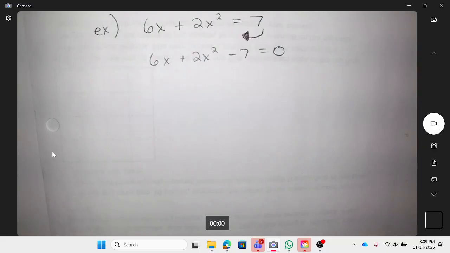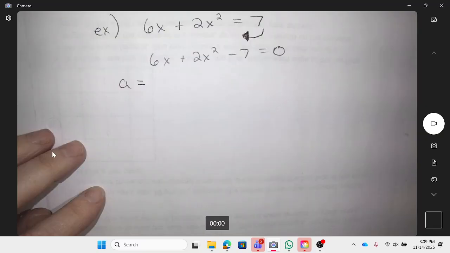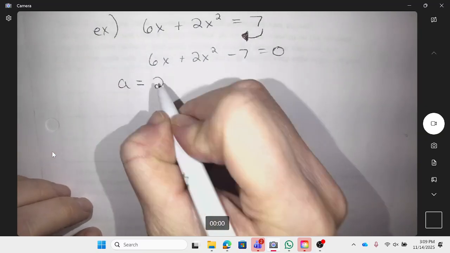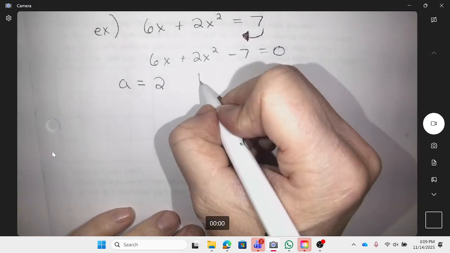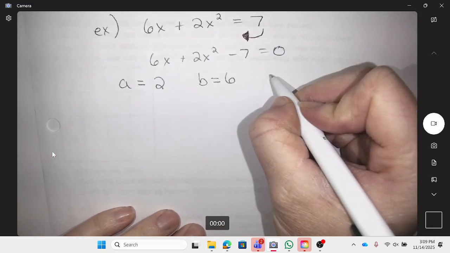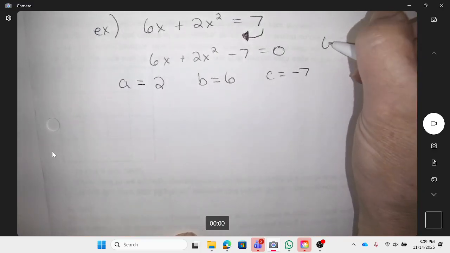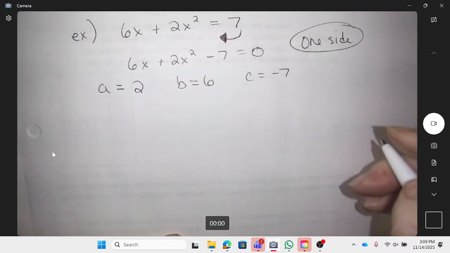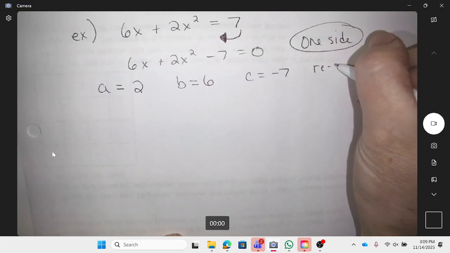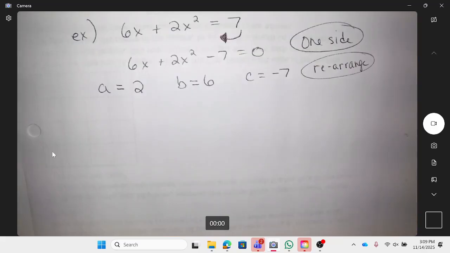Yeah, Kyle says it's all moved around. So what is the A? 2. Tried to trick you. B, 6, C, number. So how can I trick you? Make sure it's all on one side. Rearrange, or whatever you want to say to yourself, out of order.